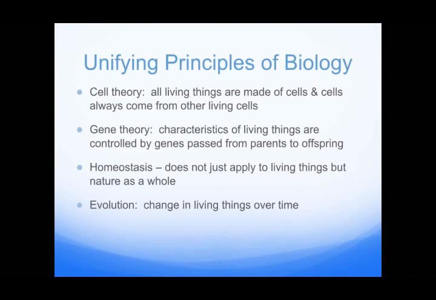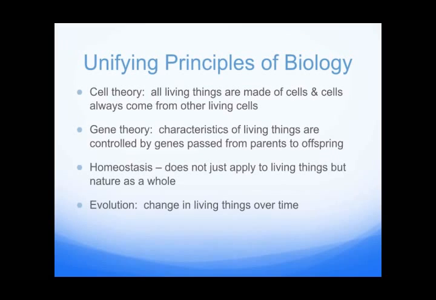There are some unifying principles of biology. One is called the cell theory, and we mentioned that just earlier. All living things are made up of cells, and all of the cells that are out there always come from other living cells. And that's a simple way of saying that every human, every creature, everything that's living on the earth is made of cells and has come from cells.